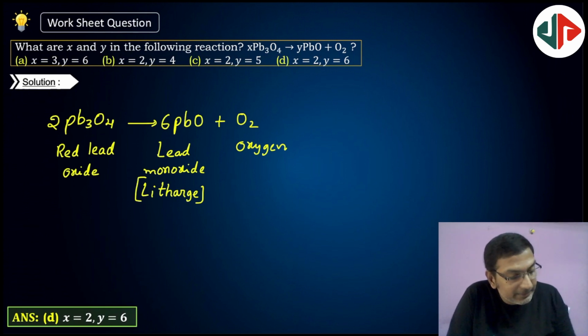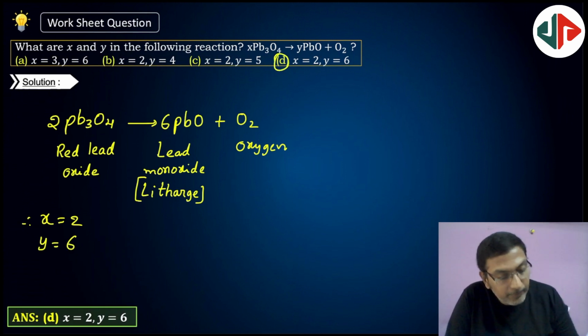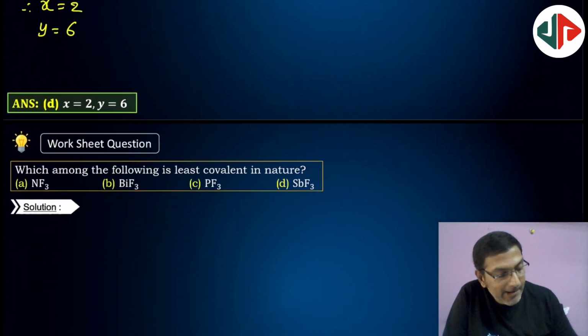Option X. So therefore X is 2 and Y is 6. 2, 6. Option D. Red lead oxide will be converted to litharge with release of O2. So in preparation of O2, this reaction can be used. Next.